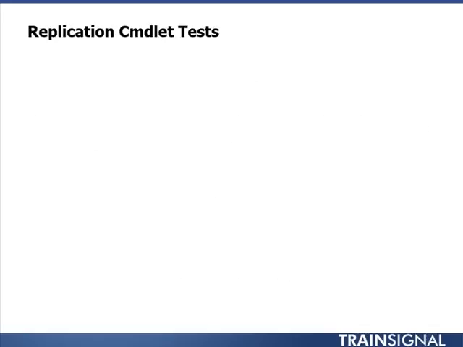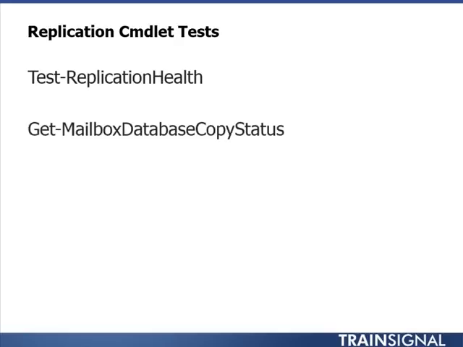When it comes to troubleshooting replication, there are commandlets that you can run from the Exchange Management Shell, like the Test-ReplicationHealth commandlet. There's the Get-MailboxDatabaseCopyStatus. This is helpful because it helps you to see if your mailbox database is being copied properly, so it can report back on the status of your DAG replication.